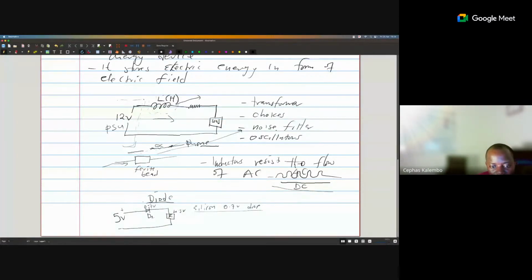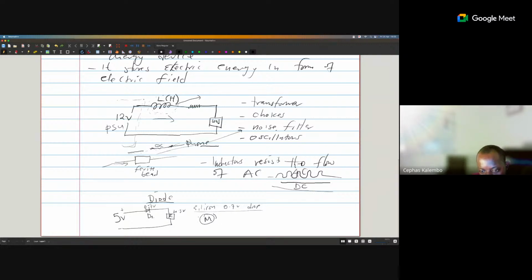Now, these particular diodes have wide applications in electronics. Some of those applications depend on the type of diode, because diodes have types. If you are working with, say, a Schottky diode, you could use it as a discharge path. So let's say you are driving a motor. Now this motor comes to a stop.